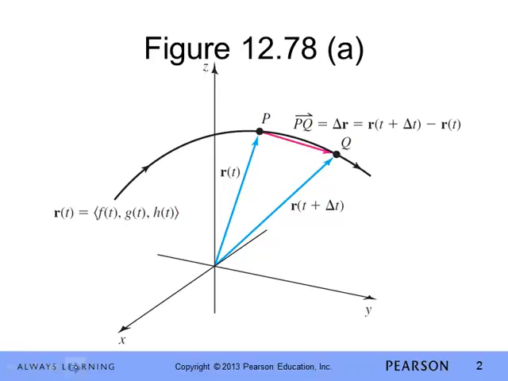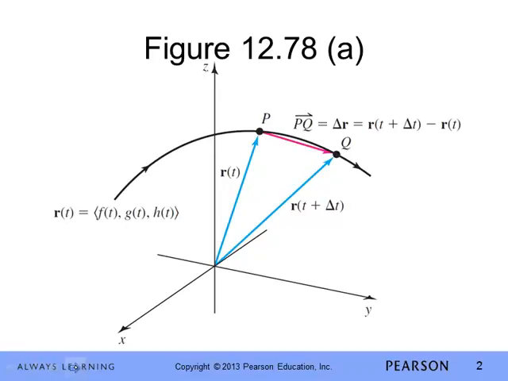Now we're going to use that same interpretation for vector valued functions. Now remember what r of t is. r of t is our position vector function. So you've got this three-dimensional curve in space. Remember, we're in 3 dimensions. We have the x-axis, y-axis, and the z-axis there.